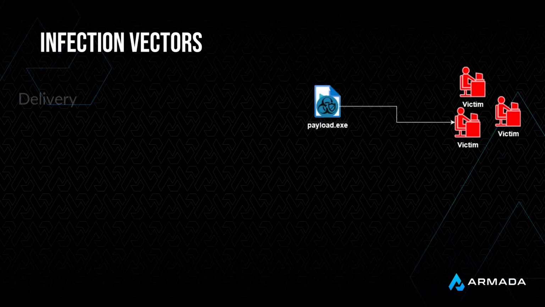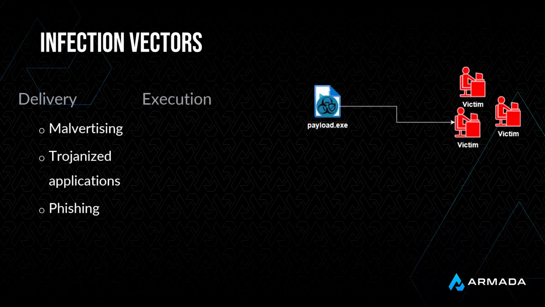So this is broken into two parts, the delivery and the execution. As Cory talked about, the delivery methods are mainly the ones we all know about: malvertising, trojanized apps, and phishing, and a lot of these overlap in some way. But malvertising is probably the worst culprit, in my opinion.